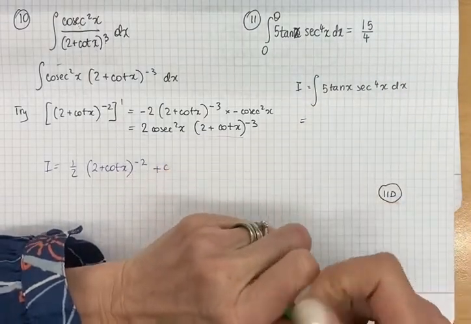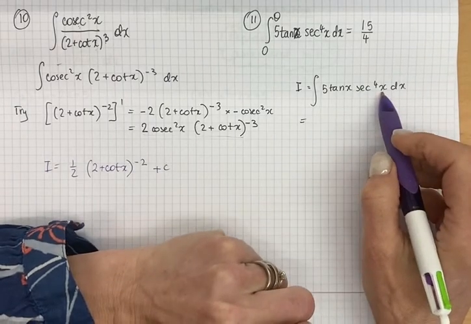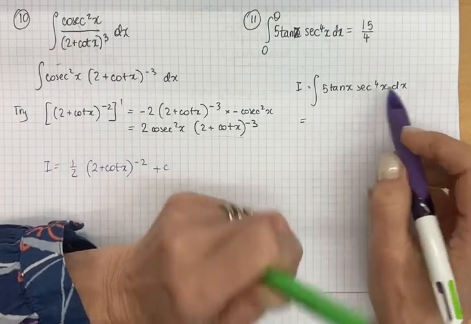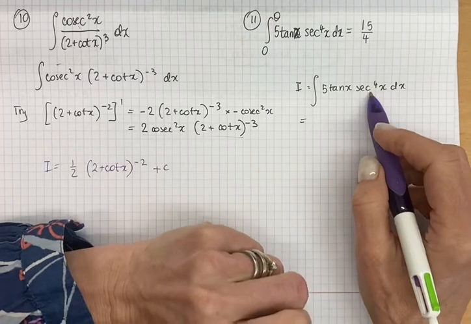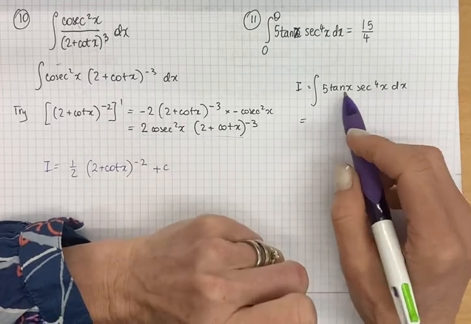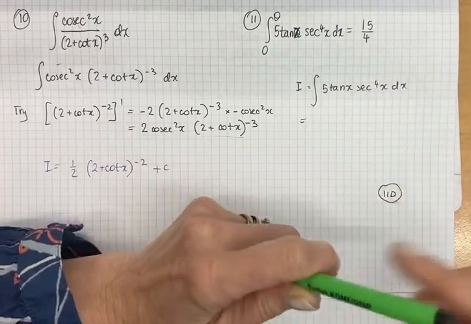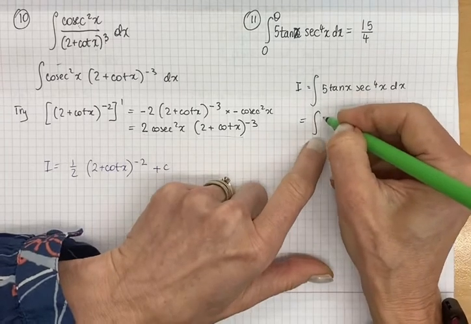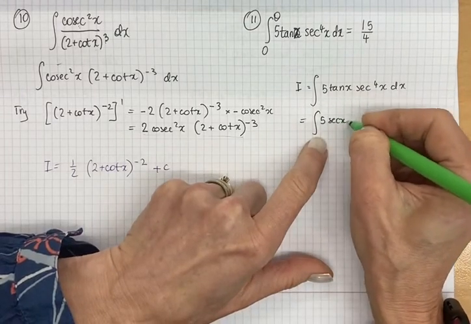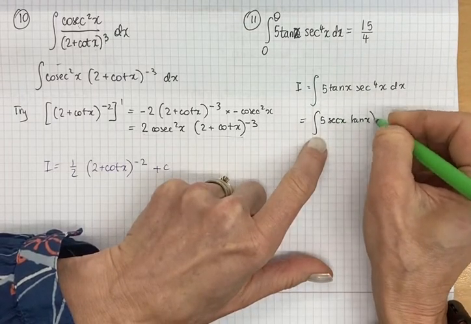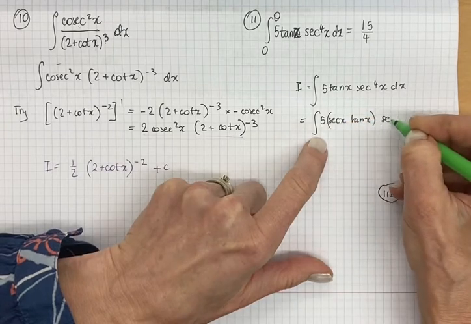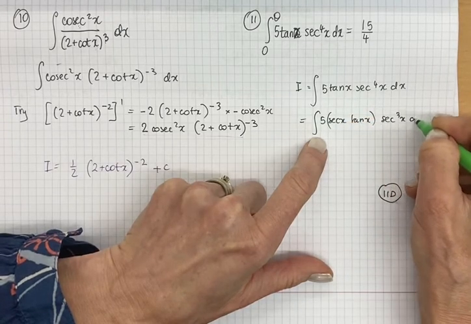Okay, so over here again, if you think about sec, the problem with this one, what makes it difficult, is the fact that sec, the one with the weird power, differentiates to sec tan. So really, let's just write it, 5 sec x tan x. So that represents that derivative. And then you've got sec cubed x dx.